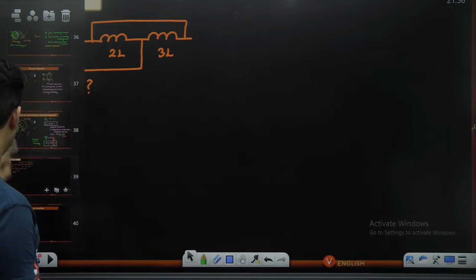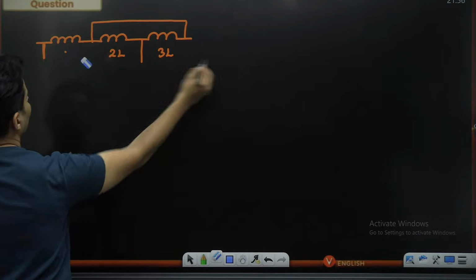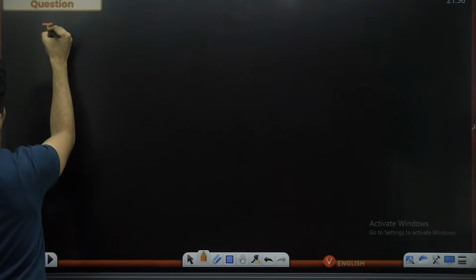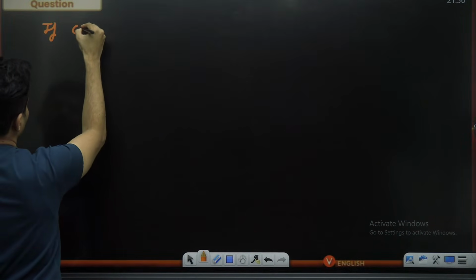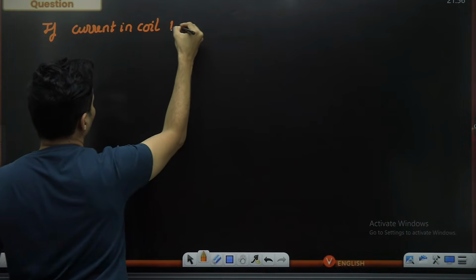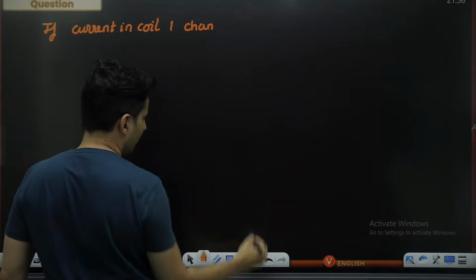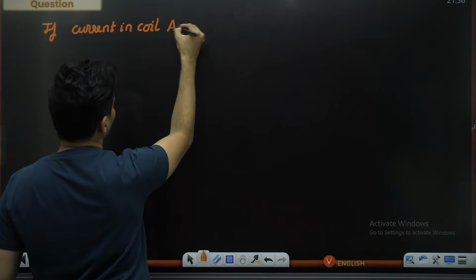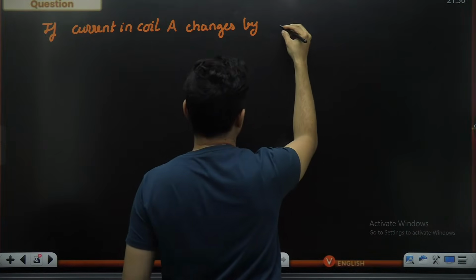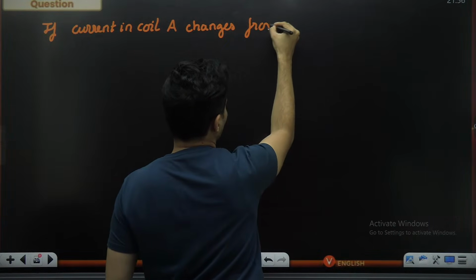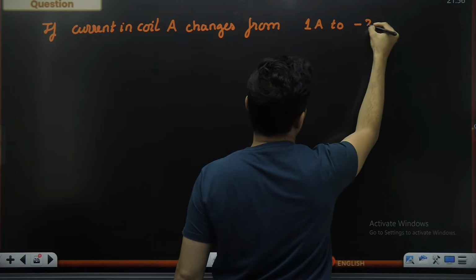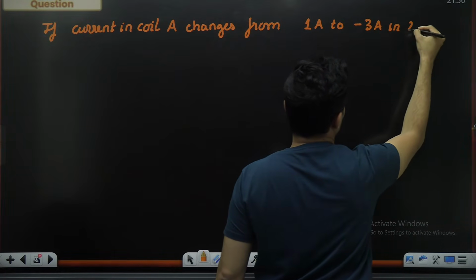Let me give you a question first, and then we'll go ahead. So, imagine the current in coil 1, or I will put coil A to avoid confusion, changes from 1 ampere to minus 3 amperes in 2 seconds.